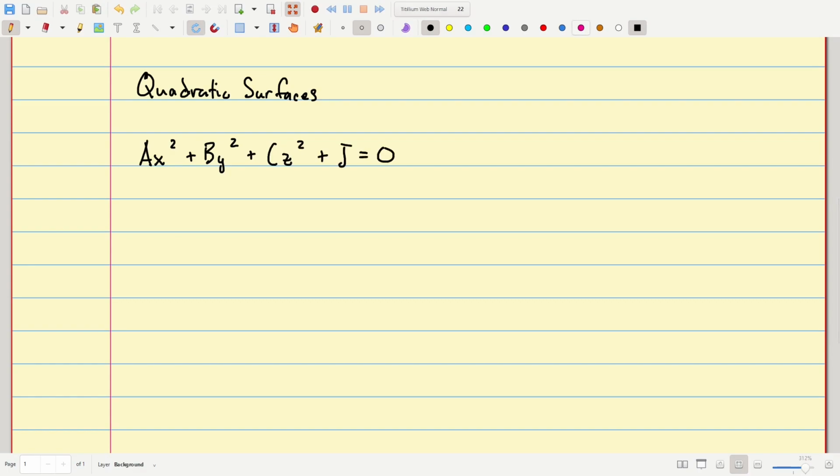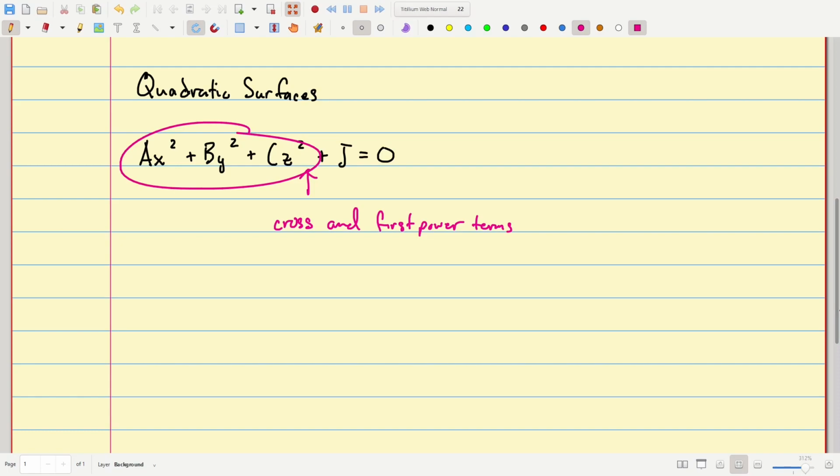Missing are all of the cross terms and the terms of x, y, and z to the first power. So I can have xy, xz, yz, x, y, z, all times coefficients, and those would also be quadratic surfaces. In this introduction we are just sticking to the simple case that involves x squared, y squared, z squared.